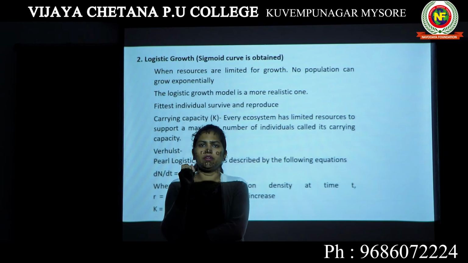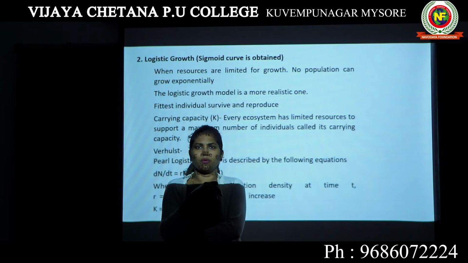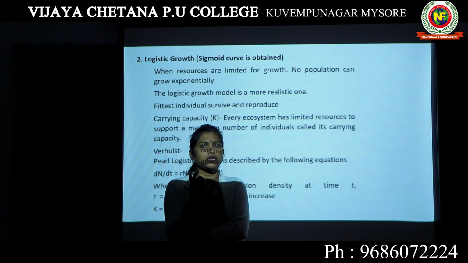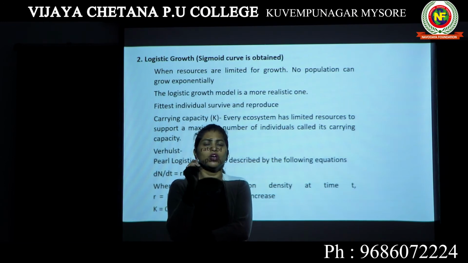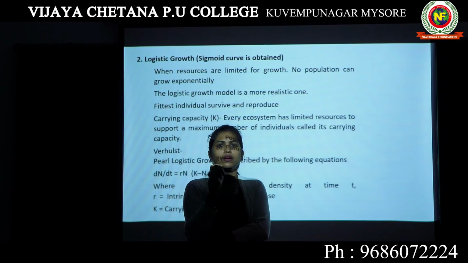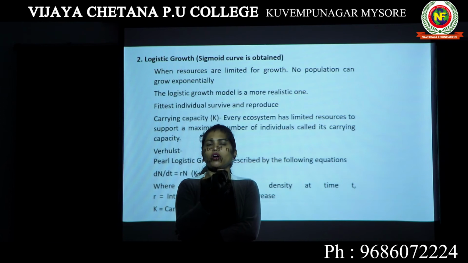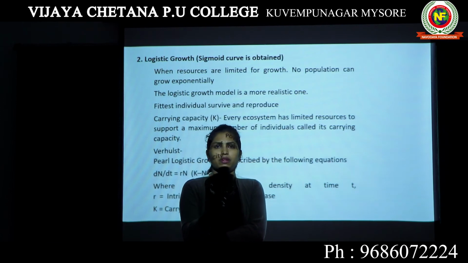So when you are giving unlimited resource, any population will grow because there is no competition, there is no fighting. Whereas when you give limited resource to a population, only those organisms who are fit enough will fight, and make use of that particular resource. Others will not be able to make use of that resource. They will not be able to reproduce.